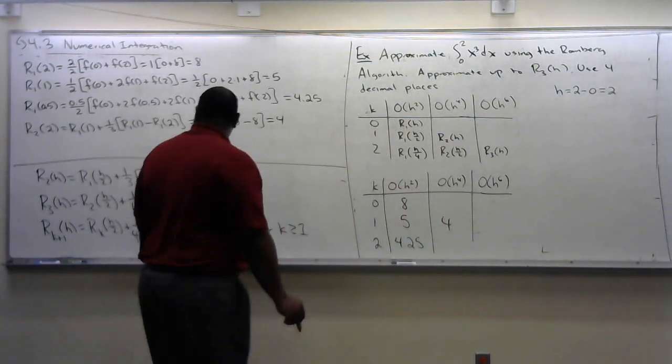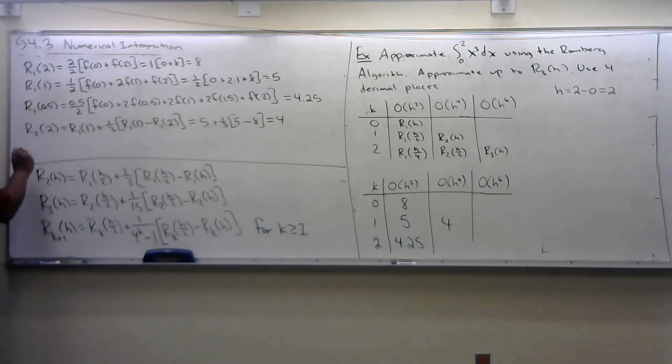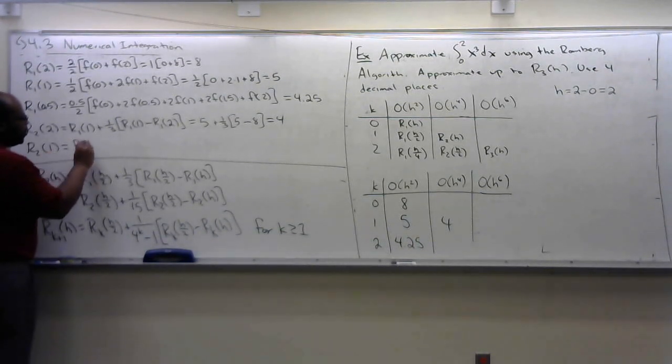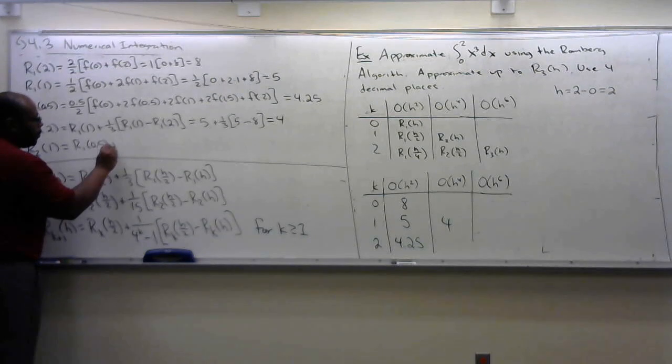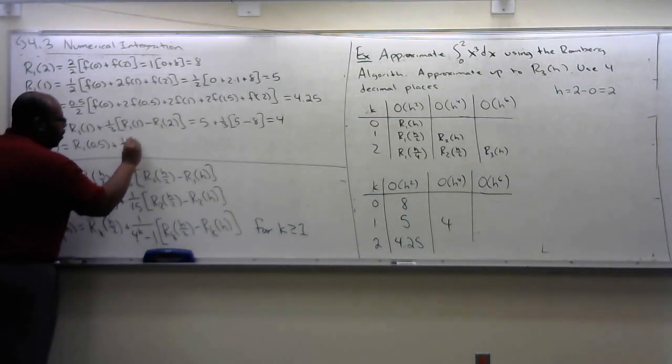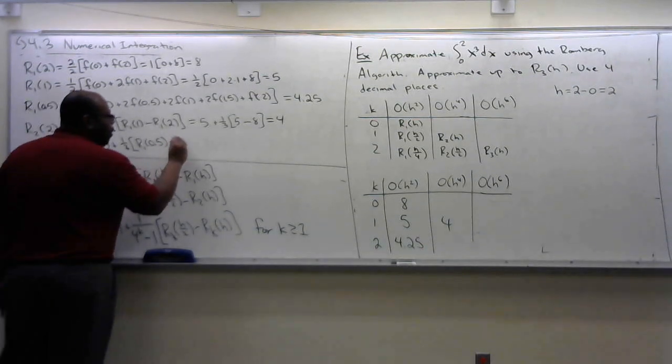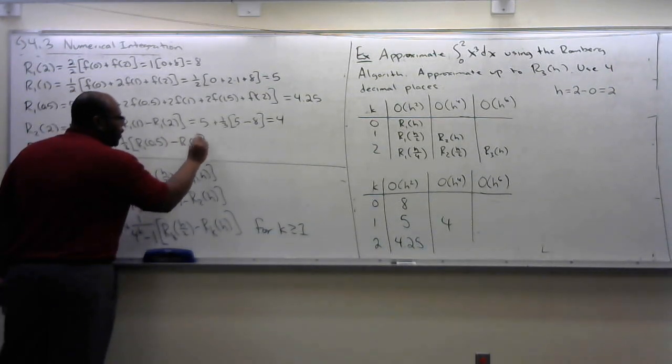I do the same thing for the next one. That's going to be R sub 1 of 0.5 plus 1/3 times the quantity R sub 1 of 0.5 minus R sub 1 of 1.